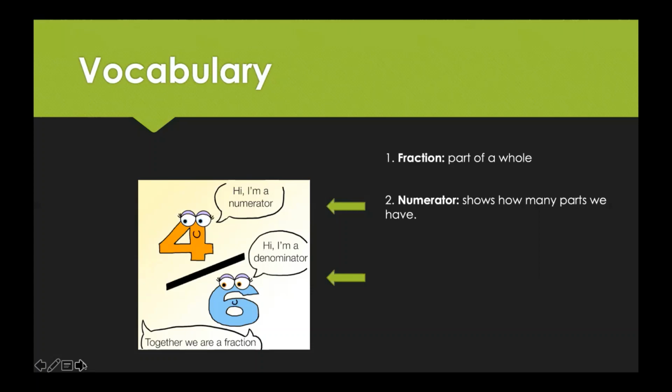Let's move on to the denominator. The denominator is at the bottom of the fraction and it shows how many equal parts there are in a whole. So if you divide that whole into equal parts, the total number of equal parts we have divided the whole into indicates our denominator.